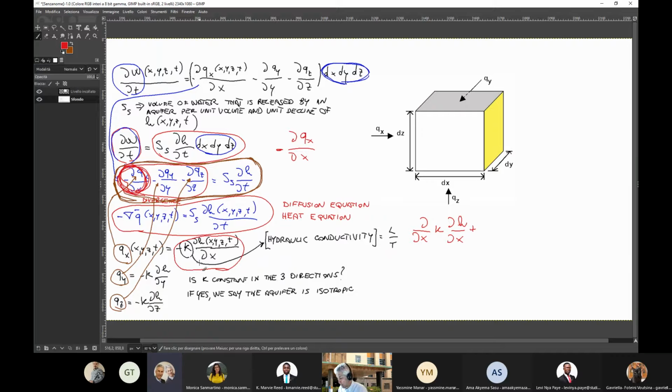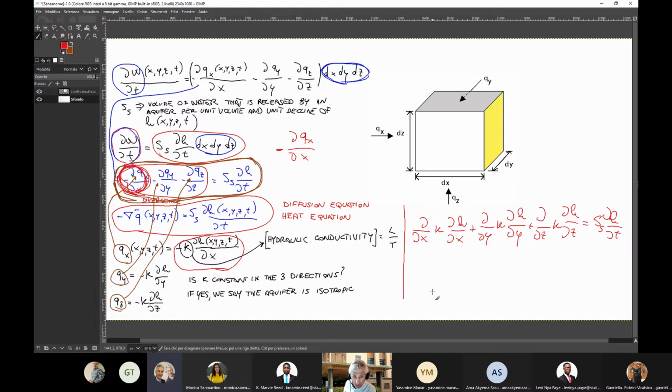Therefore, the two negative signs compensate, and it is equivalent to the derivative with respect to x of k, derivative of h with respect to x, then the derivative with respect to y of k, derivative of h with respect to y, plus the derivative with respect to z of k, derivative of h with respect to z. This is the left-hand side of the equation, and it's equivalent to Ss, derivative of h with respect to t. This is the resulting equation, and you see that q disappeared.